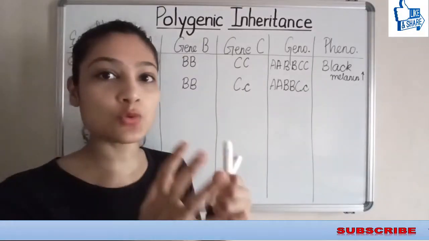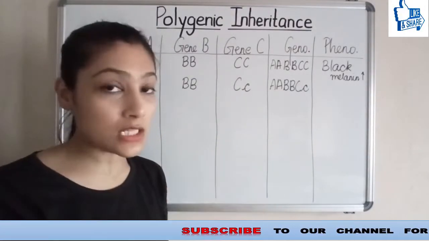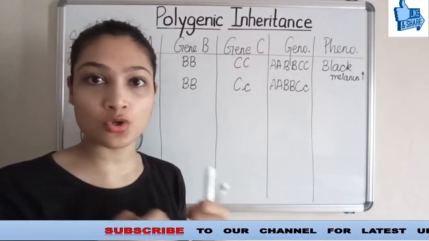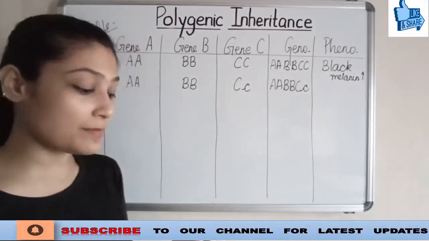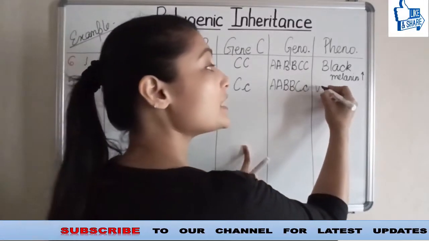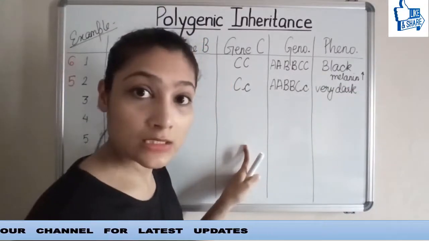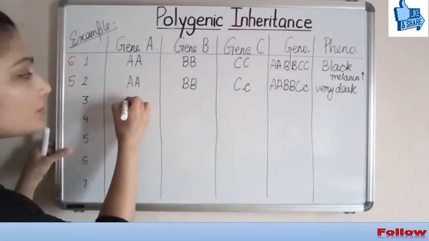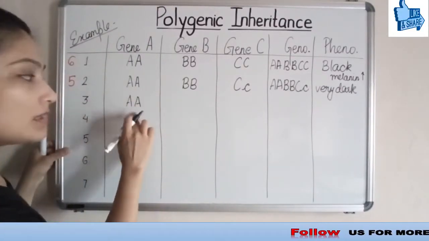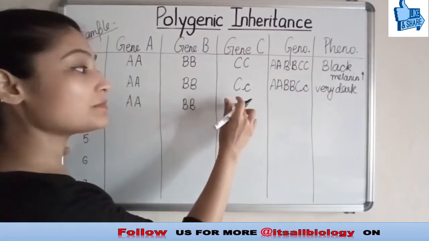So the genes which are going to be producing melanin are how many? 5. Still there is going to be very much, more melanin, but now the person is not going to be black. Now it is going to be very dark. Clear? Little less melanin.